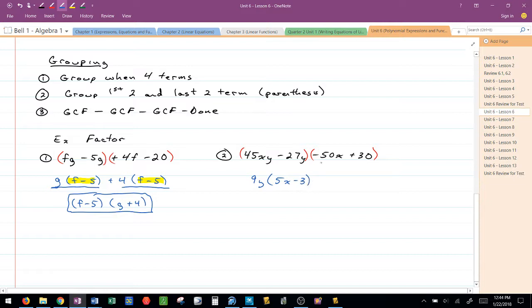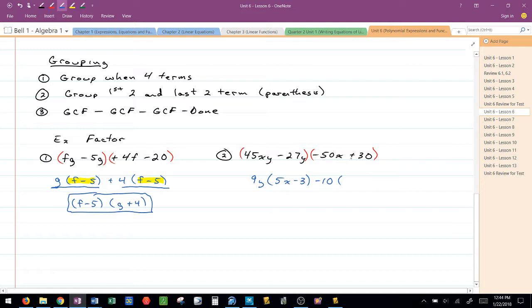Okay, so now we need to factor the second group. But remember, we're trying to make what's left in the parenthesis 5x minus 3. I see there's a plus in front of that 30. So I know I'm going to have to factor a negative something out. I know that between negative 50 and positive 30, negative 10 would be a common factor.